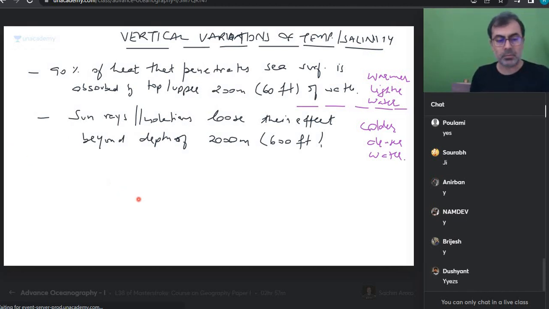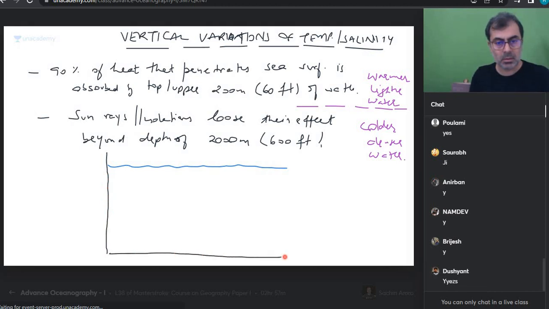So you ask me, generally surface. If this is the surface, my surface got tilted. If this is the water surface, everyone, ocean water surface, top 100 meters, or rather let's take 200 meters.